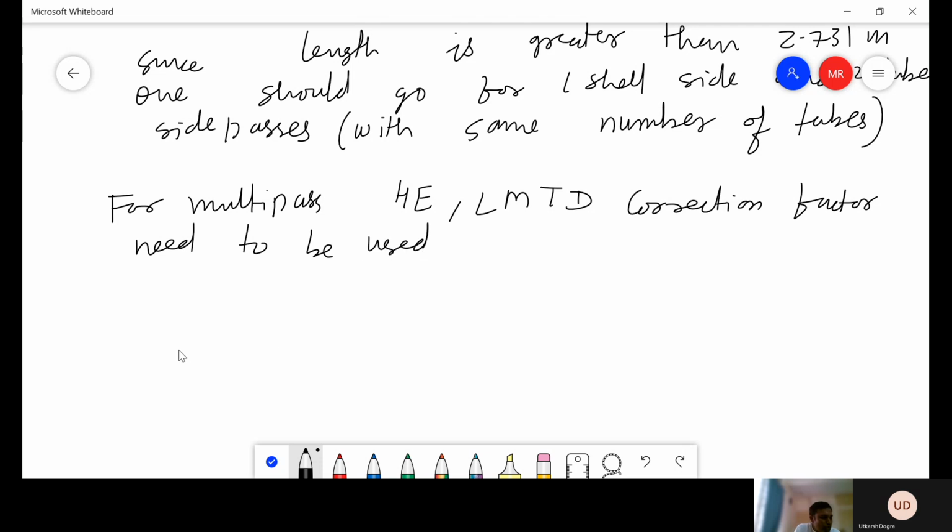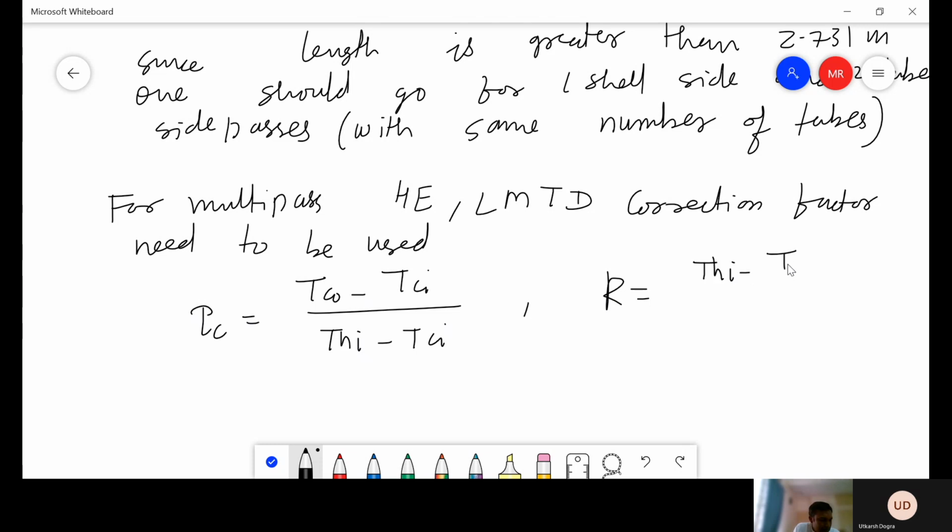So for that, what we have to do? We have to first calculate this quantity. τC is given as TCO minus TCI, divided by THI minus TCI. If you remember, this is similar to efficiency, which I explained in the last class. And the second quantity is R, that is given as THI minus THO divided by TCO minus TCI. All the terminal temperatures we already know.